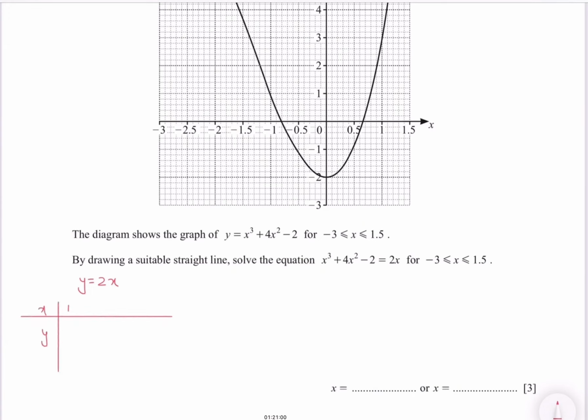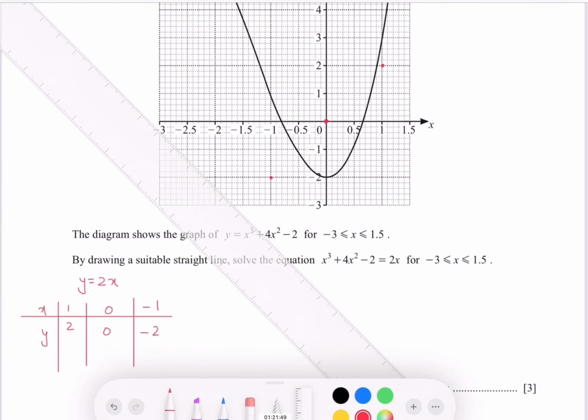If I write 1 in x, I get 2 in y. If I write 0 in x, I get 0 in y. If I write negative 1 in x, I get negative 2 in y. So plot these points. So 1 comma 2 is this, 0 0 is here. See the red dots, and minus 1 minus 2 is this.